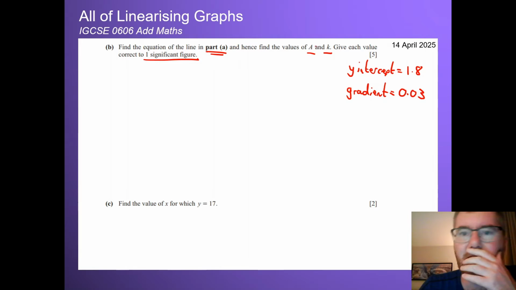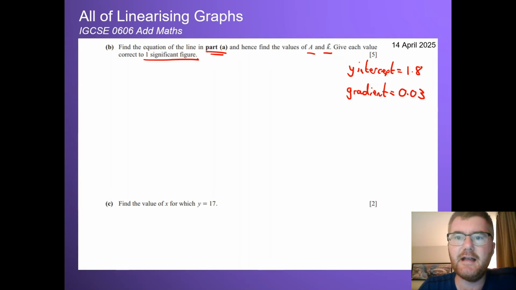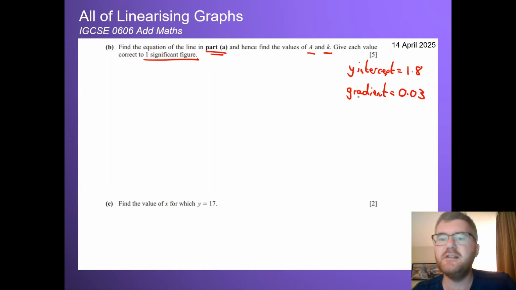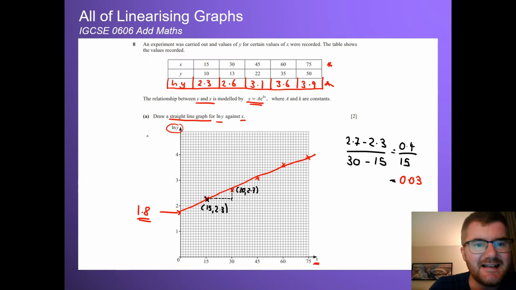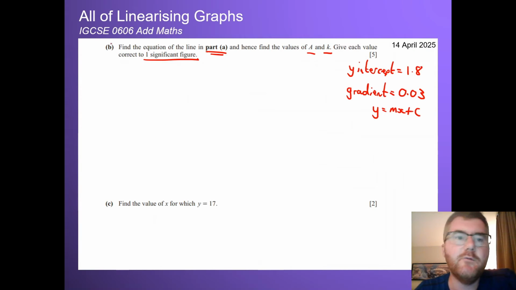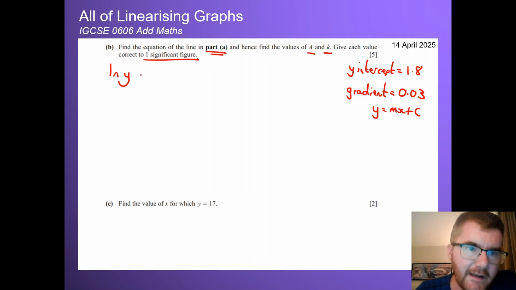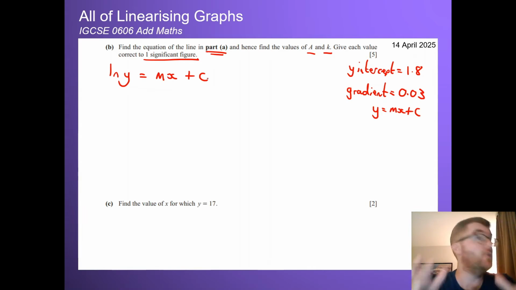Now, once we've got that, we now need to work out the values of A and K. Now, notice we've used the idea of basically y equals mx plus c. However, because we have this axis here of natural log of y, it's not just y. In fact, what we've worked with is the natural log of y is equal to mx plus c, because the y-axis is not just the y-axis, it's the natural log of y.